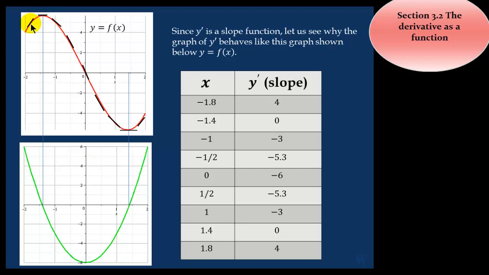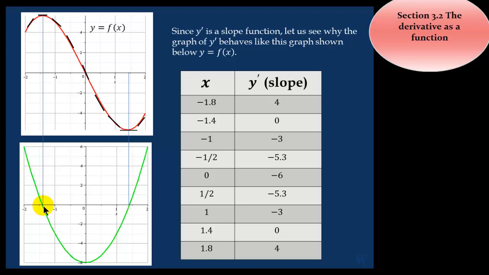So the slope of this tangent line is 4, and where we have a 0 slope, that means the graph of the slope function will have y equal to 0. So it passes through the x-axis where x is equal to negative 1.4, right there.